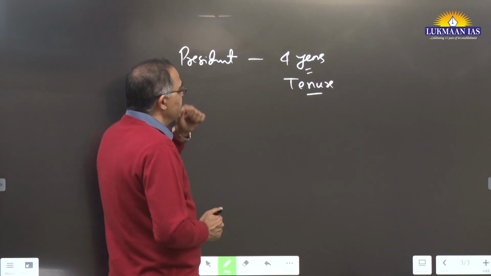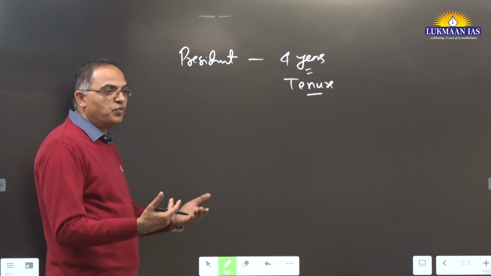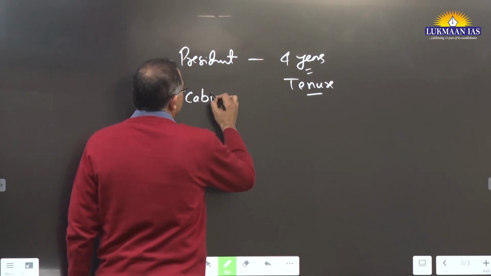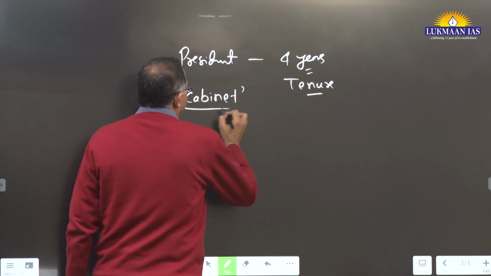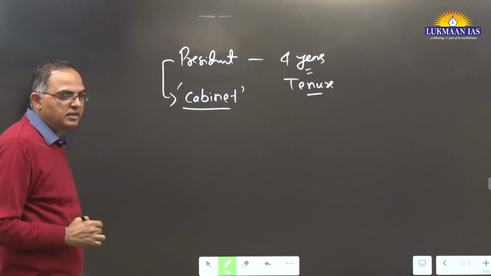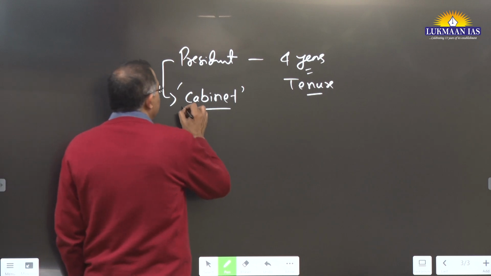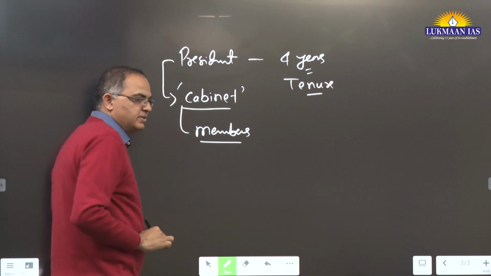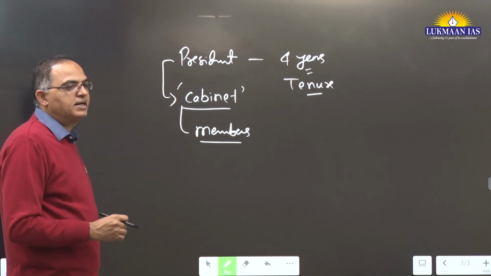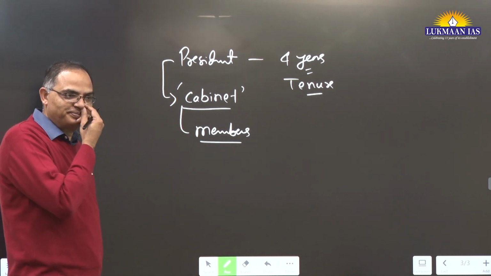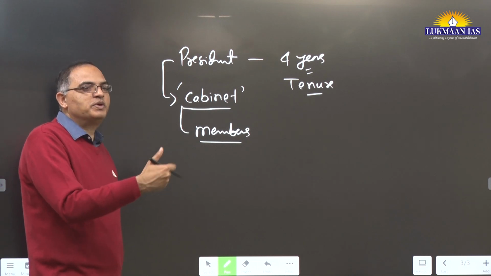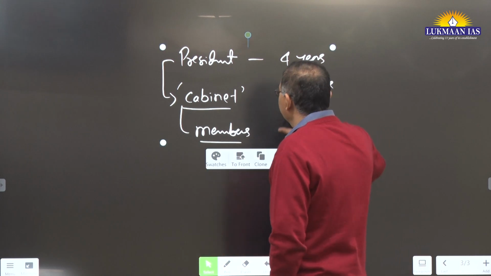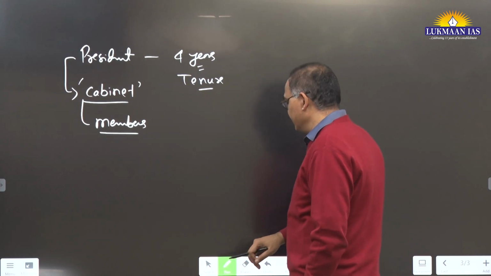Then you know that since the president is directly elected, he is all powerful. Why is he all powerful? He appoints his own cabinet. Who are the cabinet members? The cabinet members are not necessarily elected members, because they are not supposed to belong to the legislature. You should understand this.